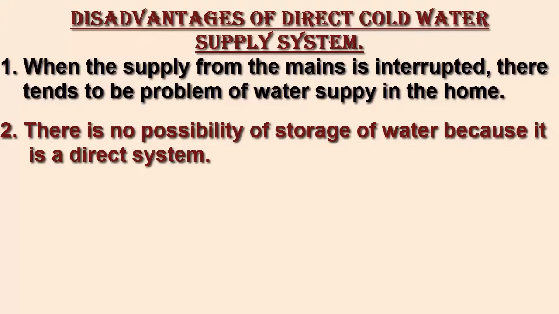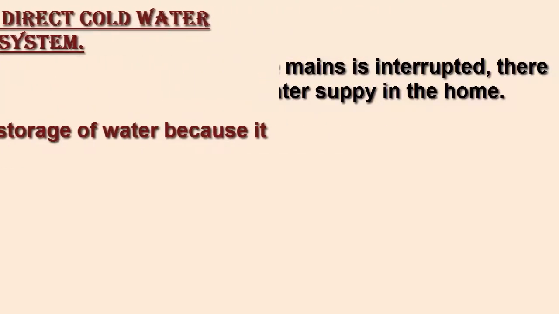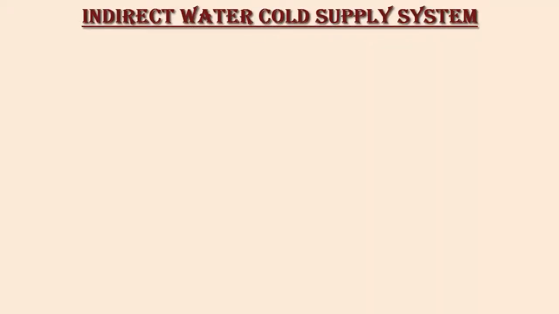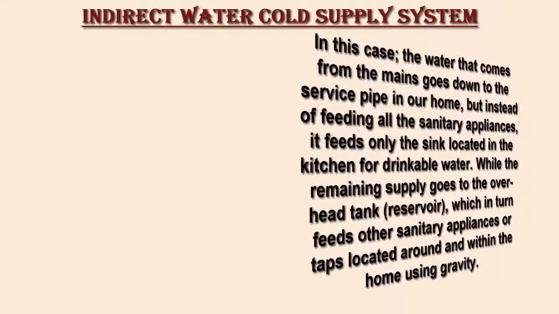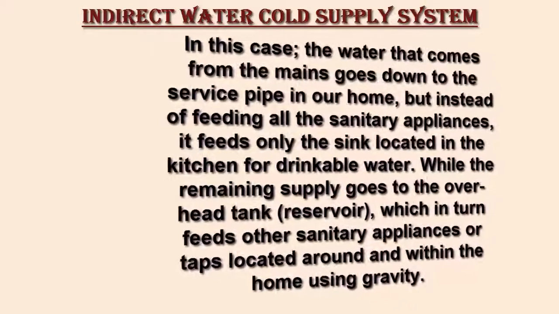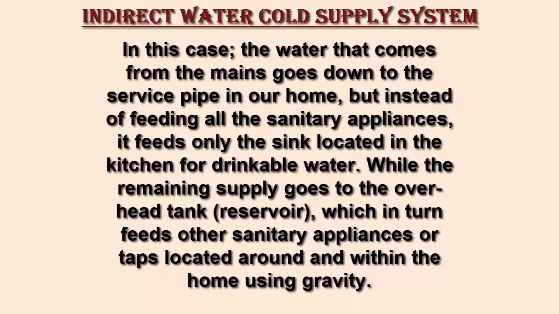We shall now look at what is the indirect water supply system. In the indirect water supply system, as the water comes from the mains down to the service pipe in your home, instead of the water feeding all the sanitary appliances, it does not do that.